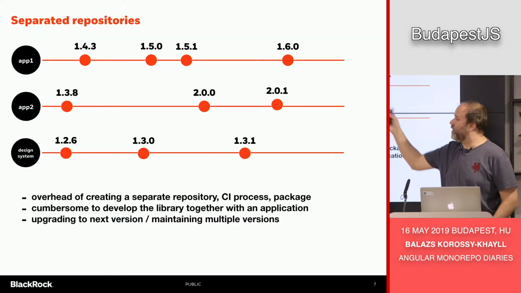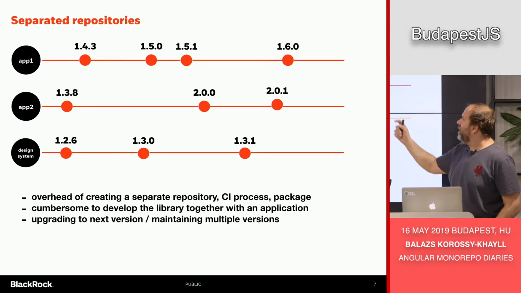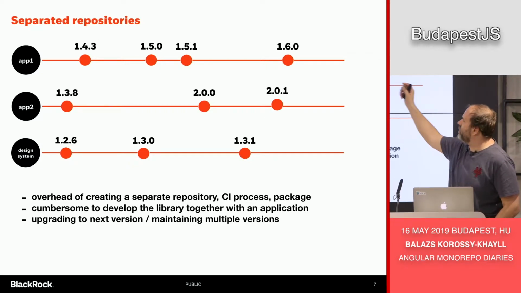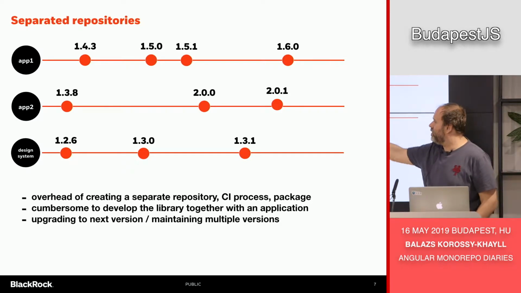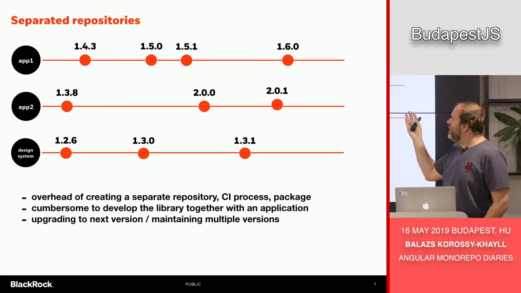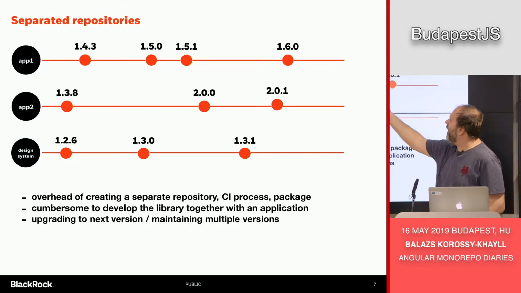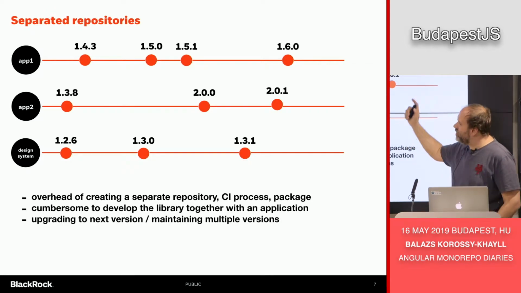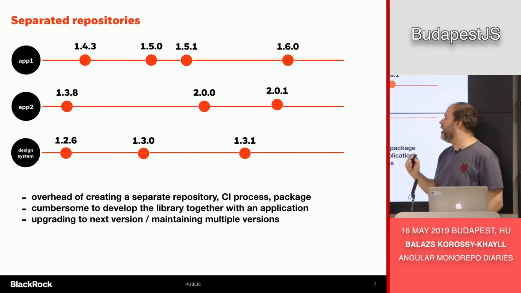So let's take a look at an example where we have two different applications. And here you can see the timeline with the releases and the version numbers. And then we have the design system. So what you can see here is that application 1 has its 1.5.0 release. And just before that, design system came out with the 1.3.0.